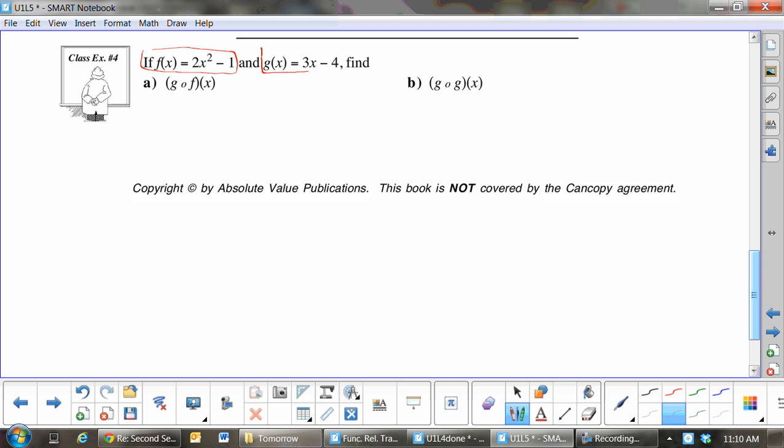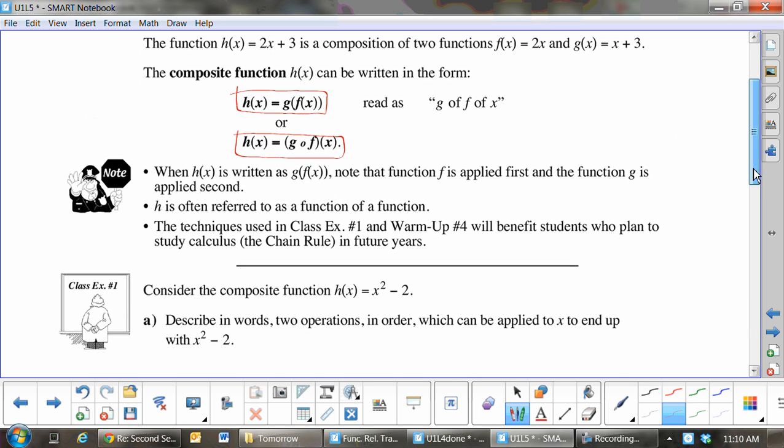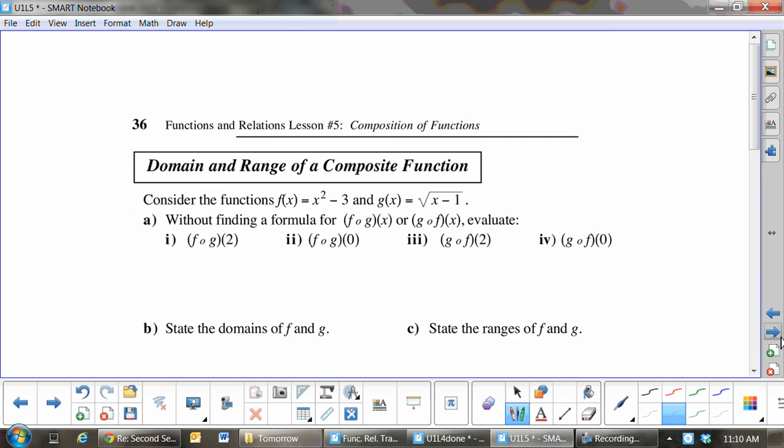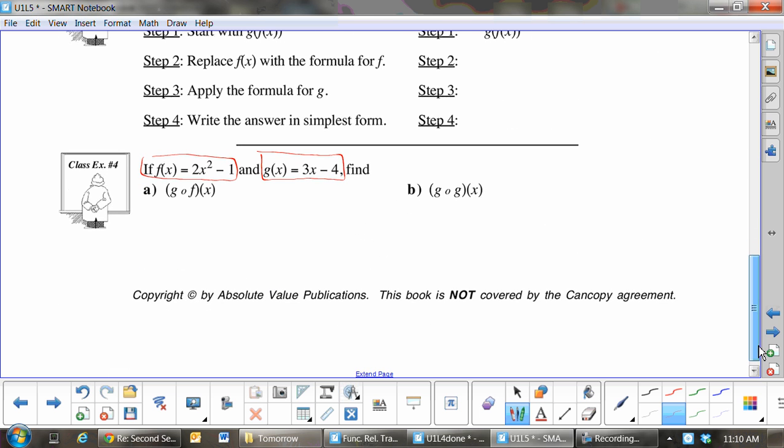I got f of x and I got g of x. Right, because we do f of x first and then g of x second, right? Okay, yep, that's where I want to be. Okay, so there's my two.